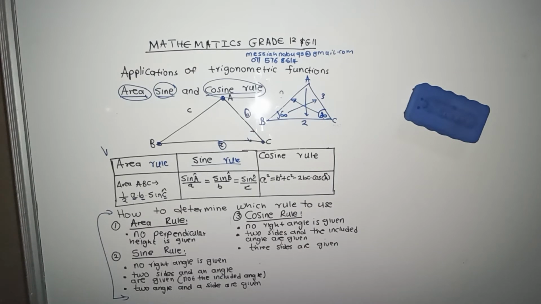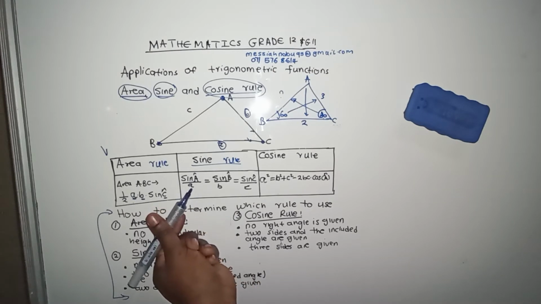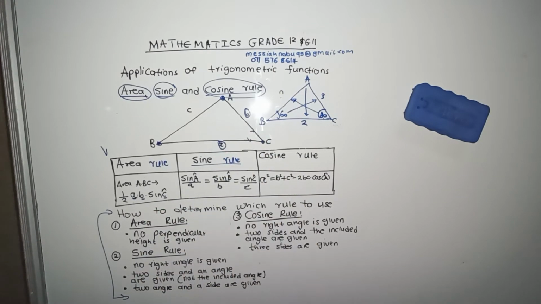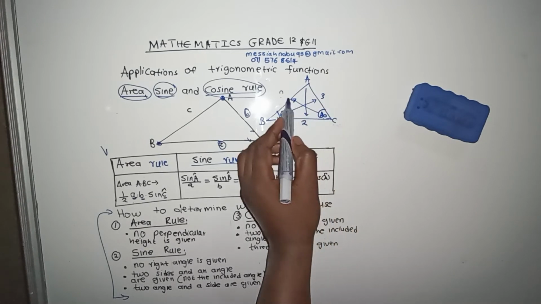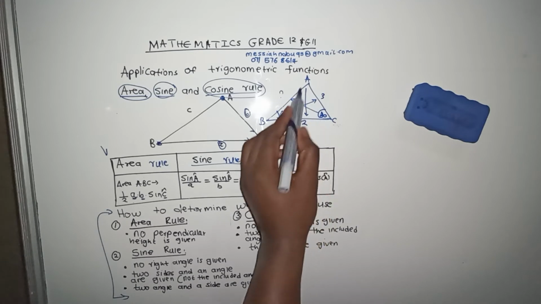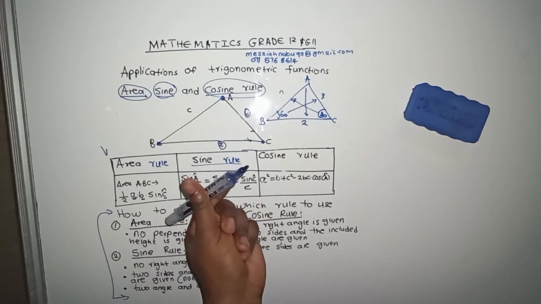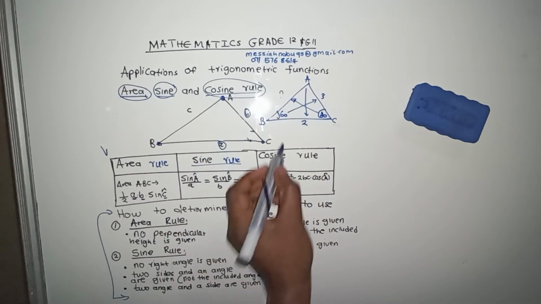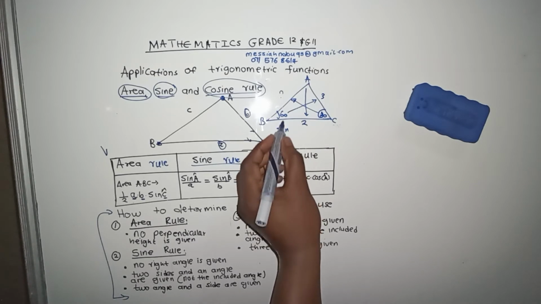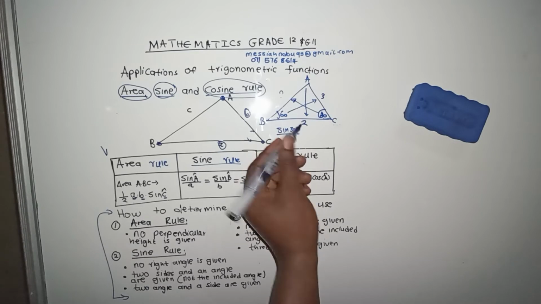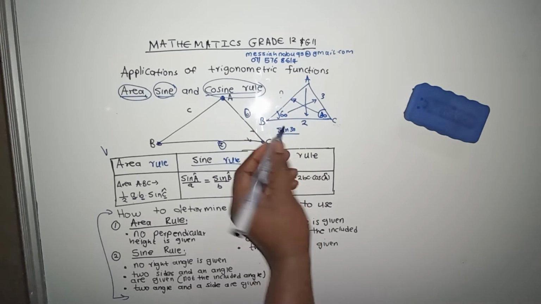So the first thing for you to do is to consider the side that you are actually looking for. I am looking for the side AB, so I have to consider the angle opposite AB together with the side AB. So it's going to be the sine of my 30 degrees divided by the side AB.